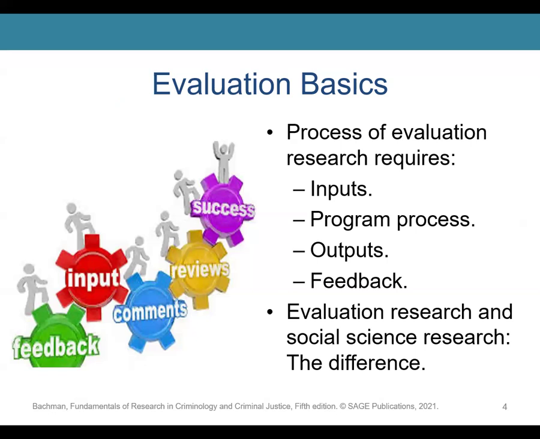When we look at evaluation research and social science research, what are the differences? Unlike explanatory social science research, evaluation research is not designed to test the implications of a social theory. The evaluation process as a whole and the feedback process in particular can be understood in relation to the interests and perspectives of program stakeholders.